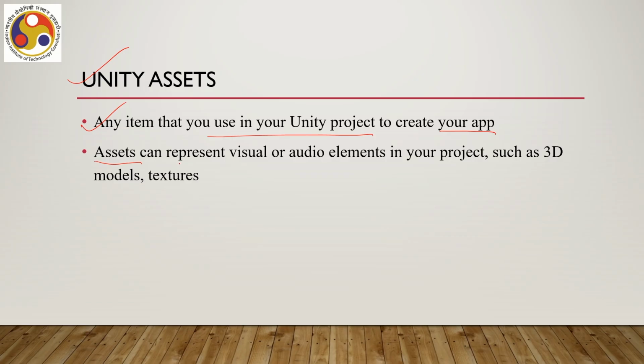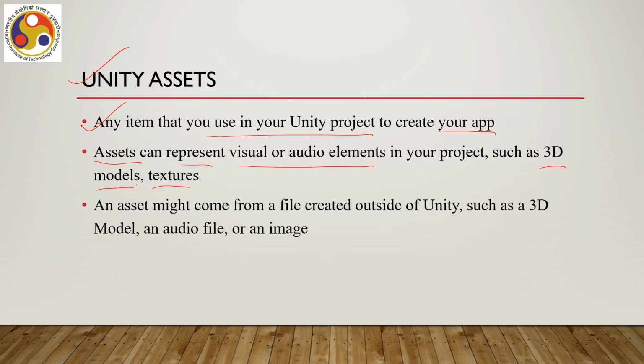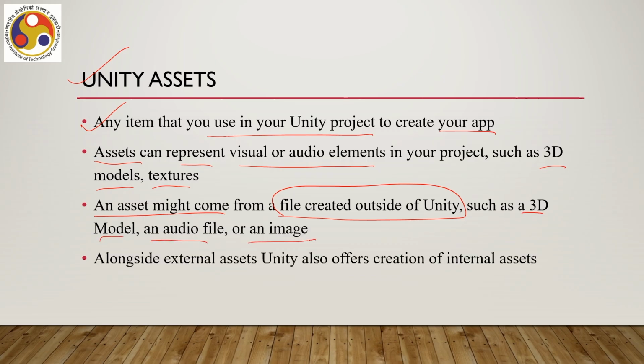Such assets can represent visual or audio elements in your project, such as 3D models or textures. An asset may come from a file created outside of Unity. So, you can import an asset from outside or you can build it inside the Unity environment. When you are importing, you can import a file such as a 3D model, an audio file or an image.